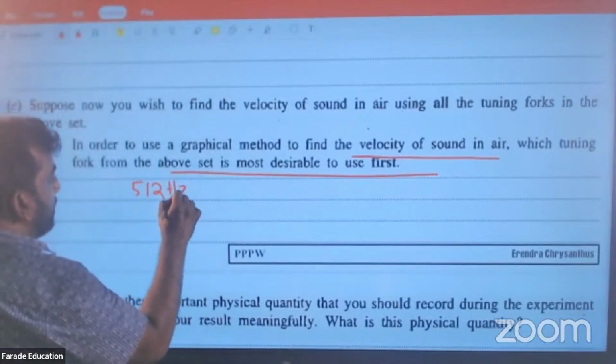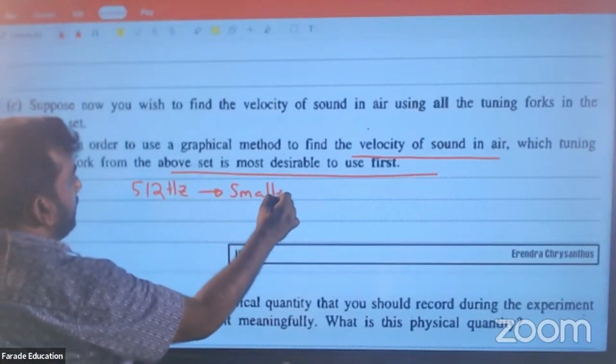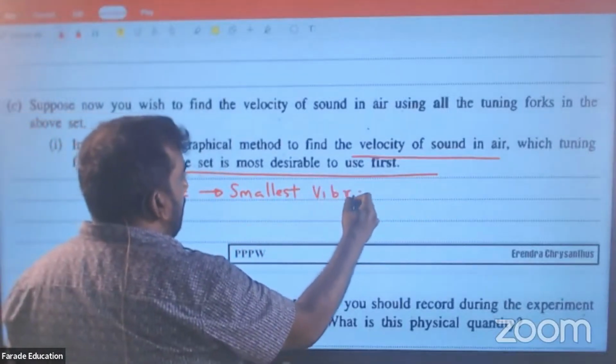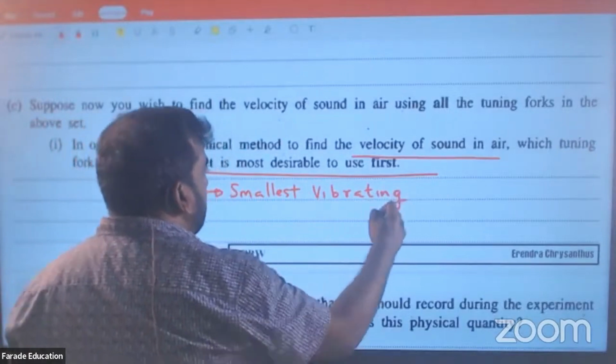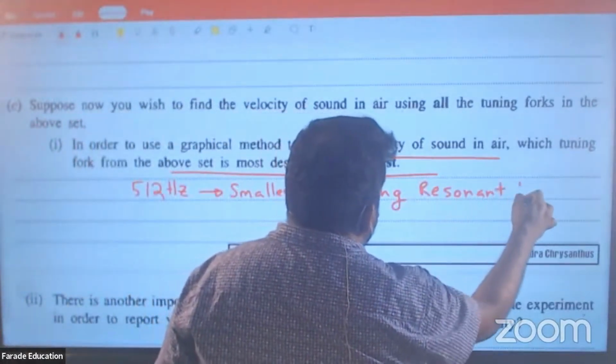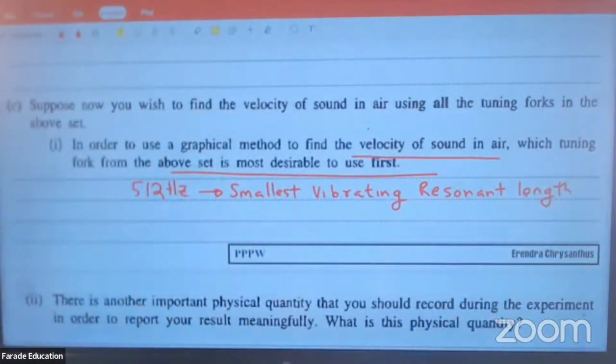Why highest frequency? Highest frequency means smallest vibrating resonant length.